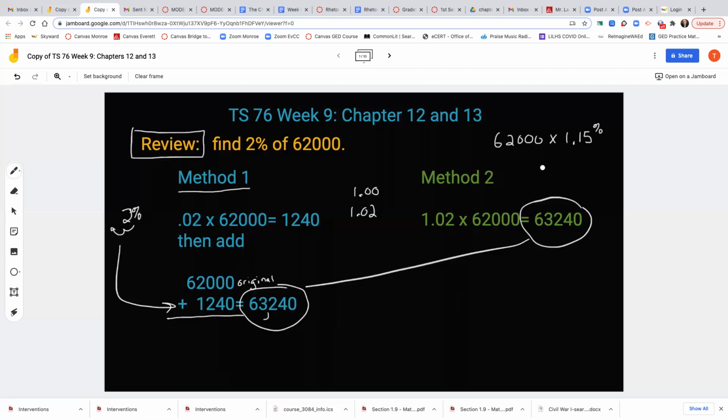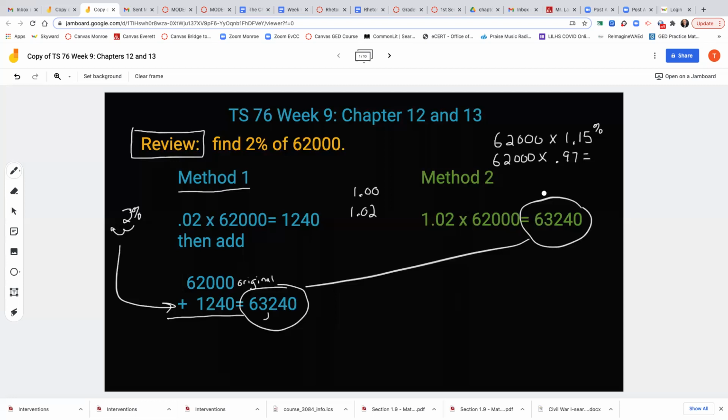Now, let's say that they said you had a 3% discount, went down 3%. What would that look like? If you remember from a couple weeks ago, I could do this: 62,000 times what's 3% less than 100%? 0.97. That's 100 minus 3 is 97.